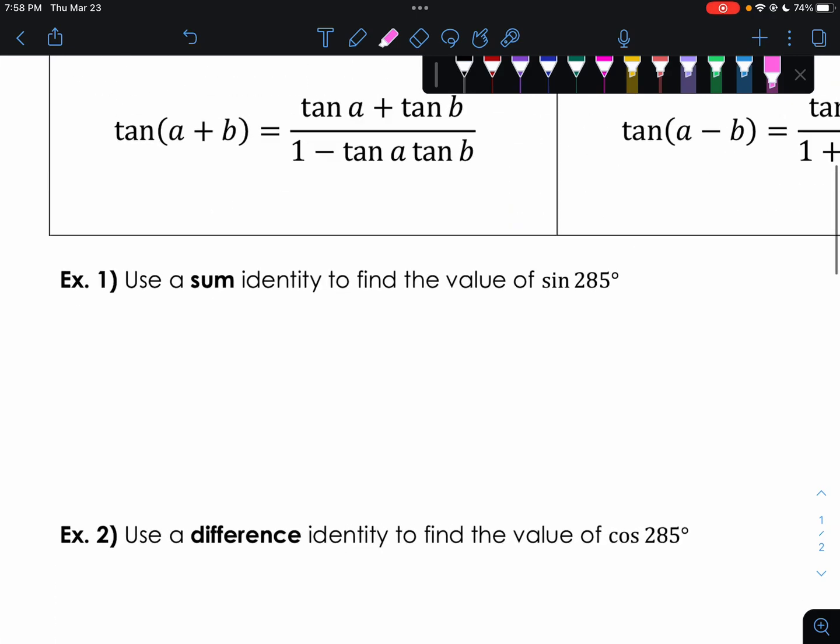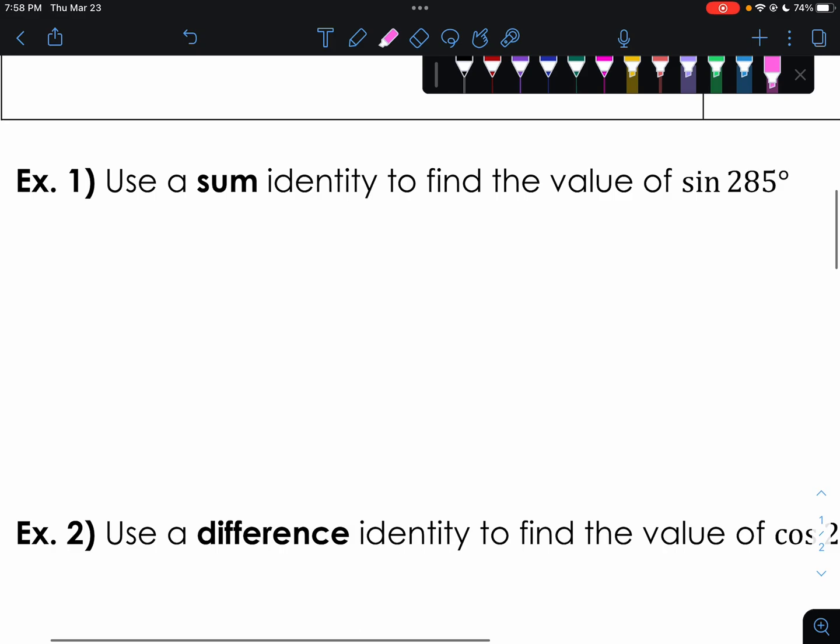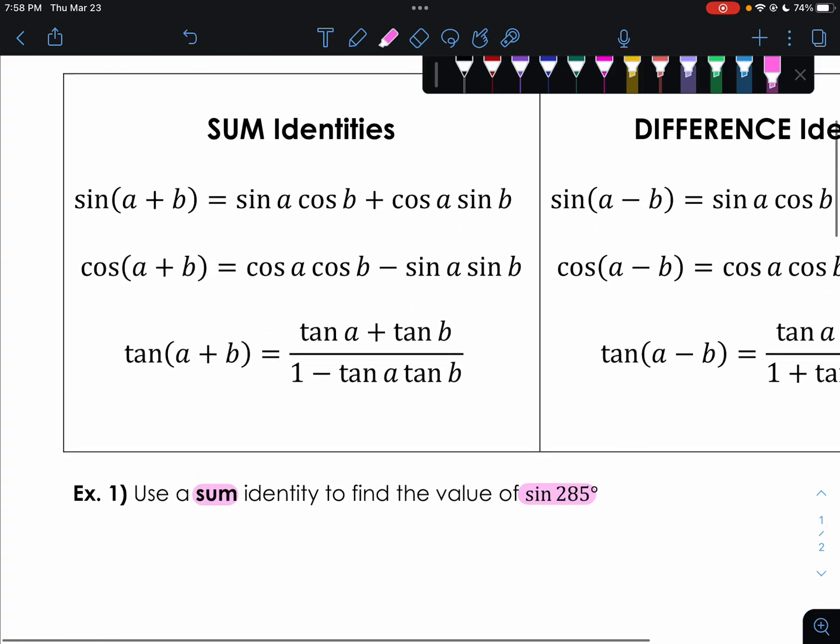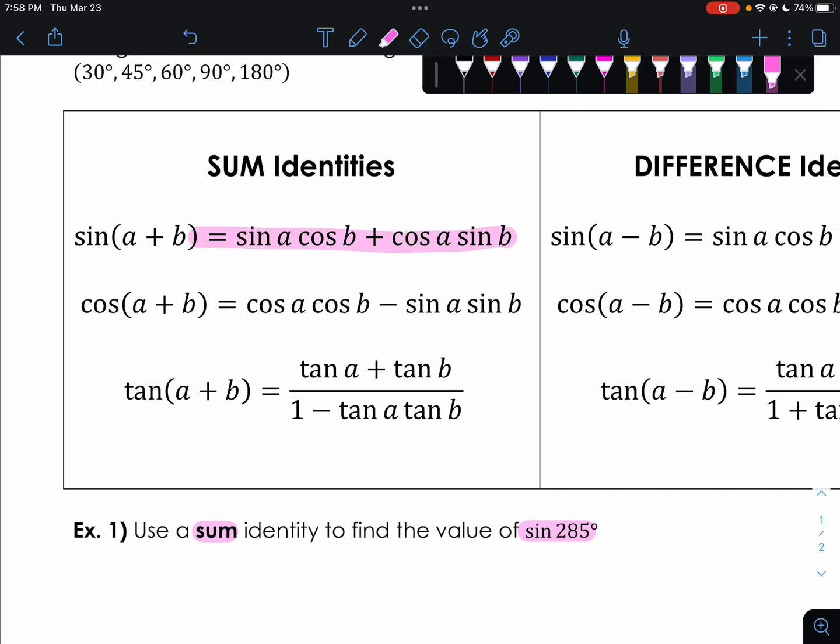In example 1, we want to use the sum identity to find the value of sine of 285. So that tells me that I am using the sum for sine. So sum for sine is this one right here.